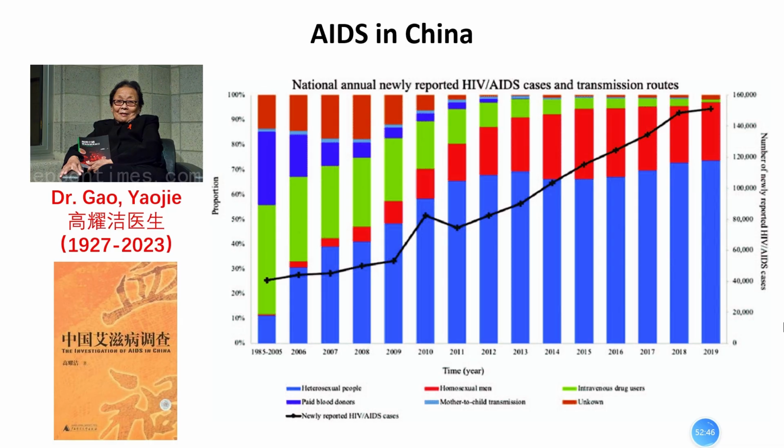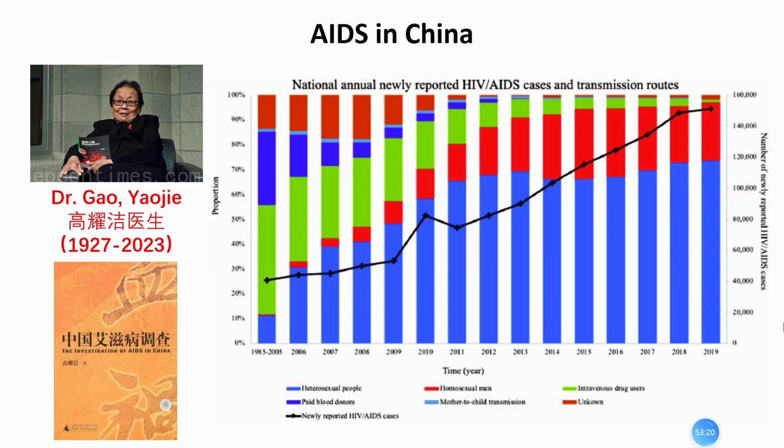In this picture, in each column, the color shows a different transmission route. You can see that before 2005, the major transmission was due to intravenous drug users or paid blood donors.